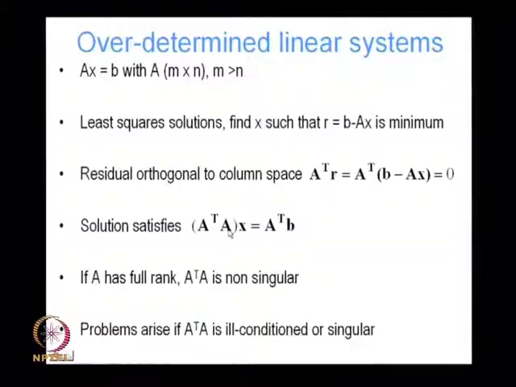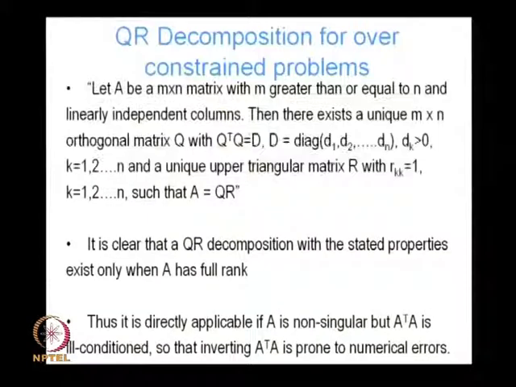So by inverting A transpose A, we can find our least square solution x. However, problems arise when A transpose A is ill-conditioned or singular. If it is ill-conditioned, we cannot invert it with appropriate levels of accuracy, and if it is singular, we cannot invert it at all.